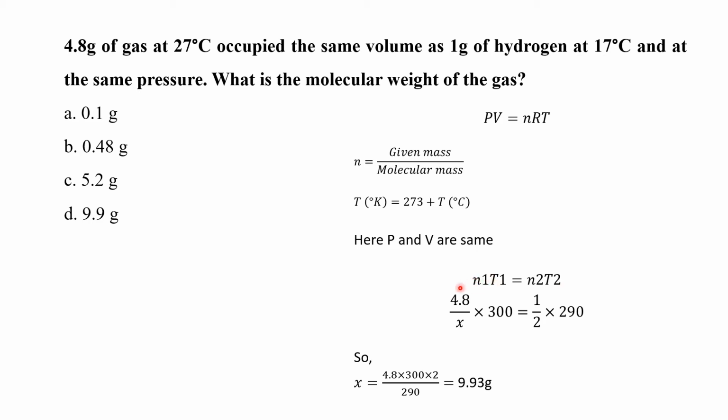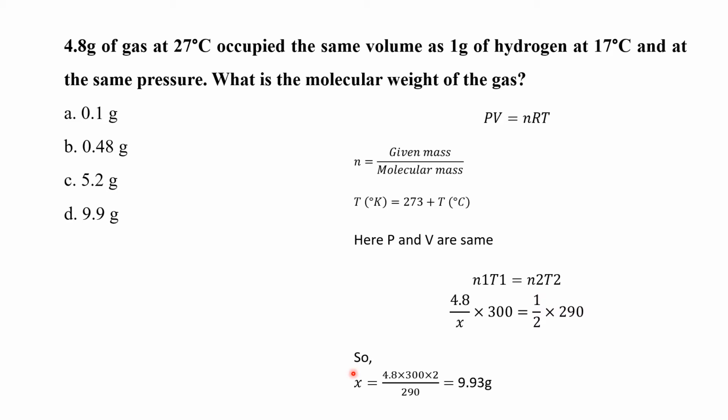So, n1 can be calculated as 4.8 by X, which is the given mass of gas divided by the molecular mass, which we need to find out, into 300, which is 273 plus 27, is equal to 1 gram of hydrogen divided by the molecular weight of hydrogen gas, which is 2, into 290, which is 273 plus 17 degrees Celsius.